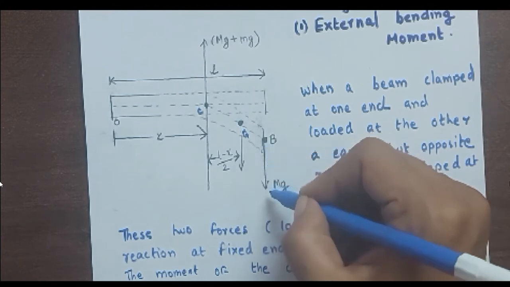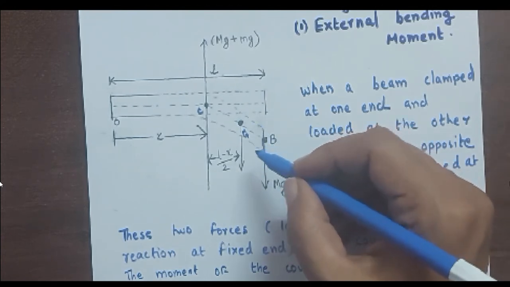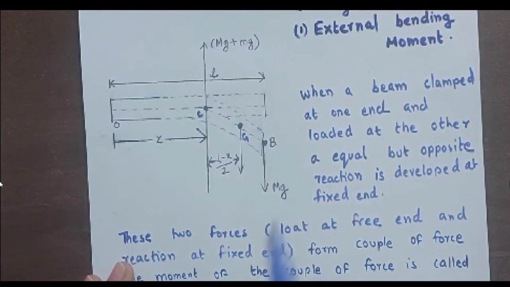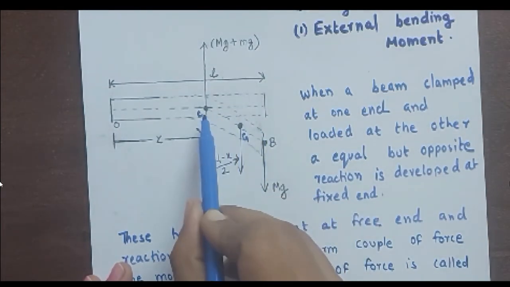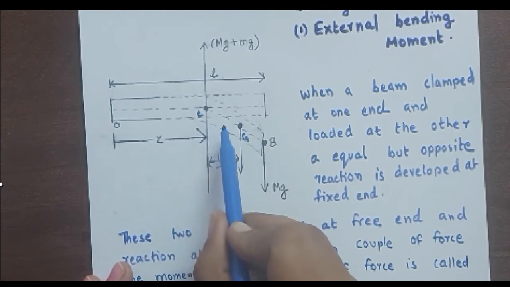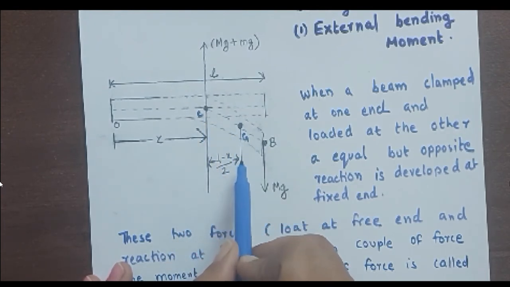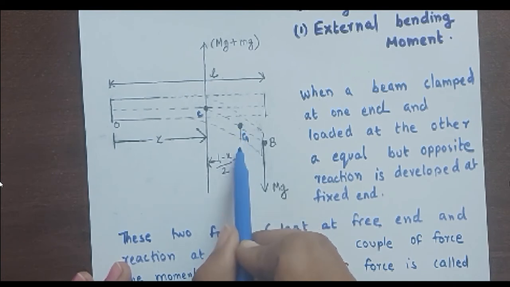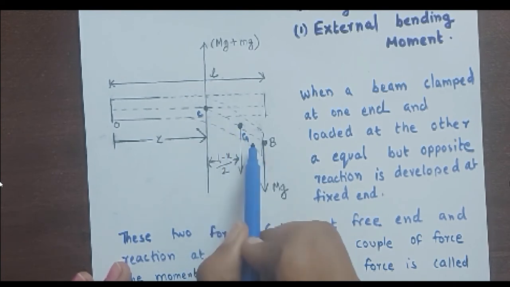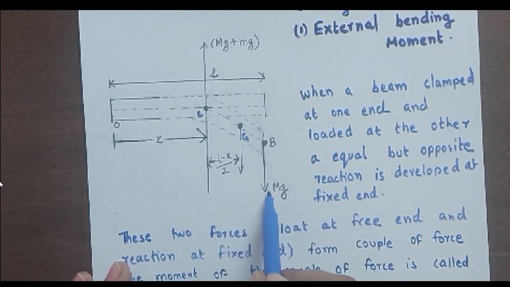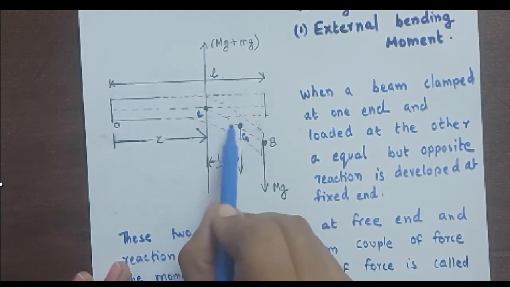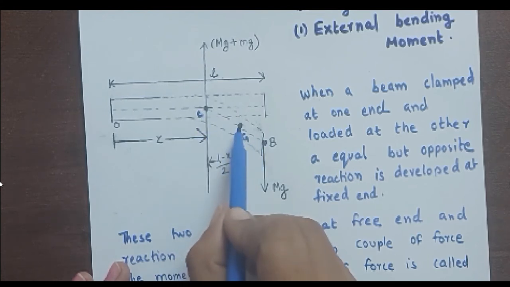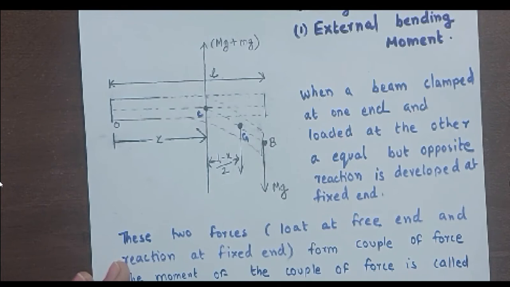Apart from weight Mg, there is another force also, weight small mg, where small m is the mass of this part BC. This is also acting in the downward direction at the center of gravity G of the part BC. So there are two forces, one because of the weight Mg and another because of the part BC due to center of gravity G.